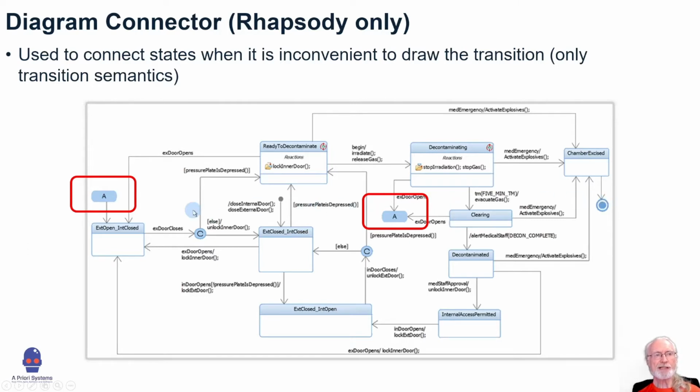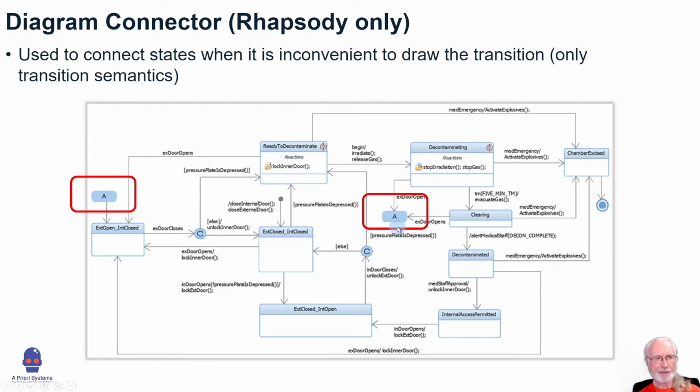We also see the diagram connector A. If you look at these two states, decontaminating and clearing, we would like to transition based on the exterior doors opening, back to the exterior doors open, interior doors closed state. But it's inconvenient to draw the transitions without line crossing and other things that would make the diagram messy.